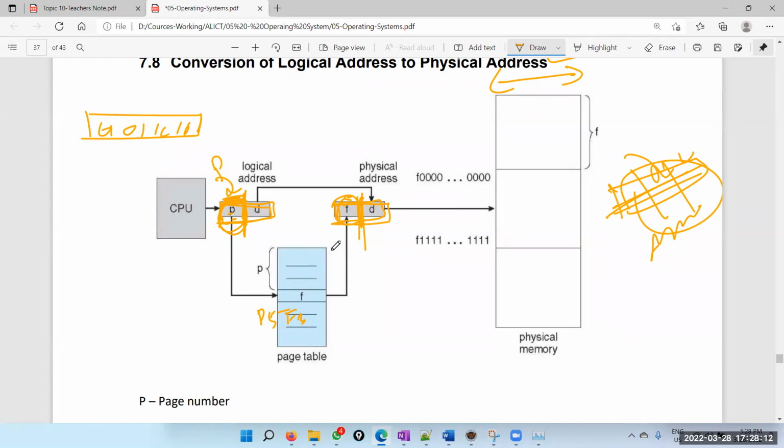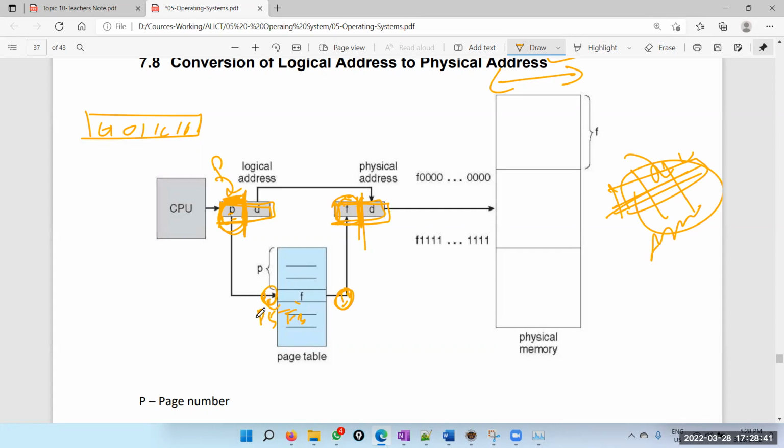And again, you have to look at the valid-invalid bit also. Actually, first you have to check the valid-invalid bit. If your page number 5 says there's no frame number, it is invalid. That means you can't map it. There's no physical address because it is in virtual memory. So that is the first thing you have to look at. You go to the page table, go to the relevant page number, and check the valid-invalid bit.